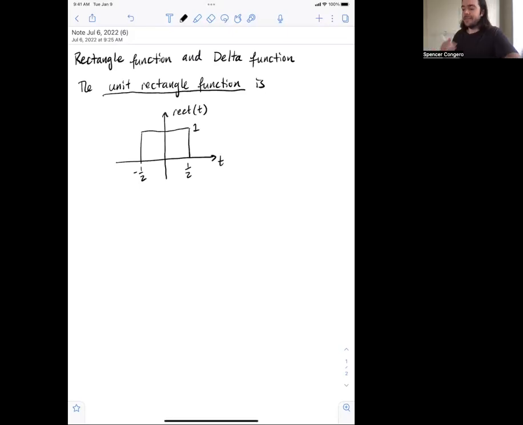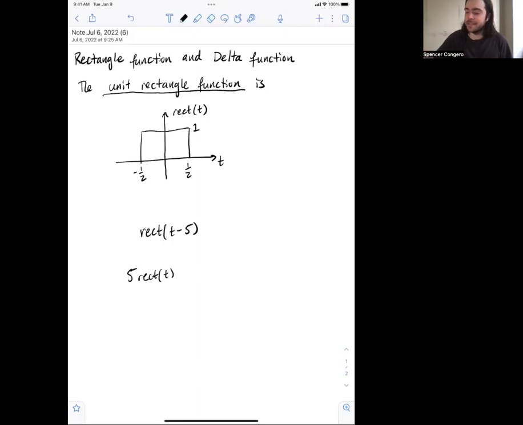But more generally, if I took this rectangle function and I moved it somewhere else, or I stretched it along either axis, we would still call it a rect function because it looks like a rectangle. This is just the particular one we call the unit rectangle function, the one we give this name rect of t. So I could shift it. I could have, like, rect of t minus 5. I could scale it. I could have like 5 times rect of t.